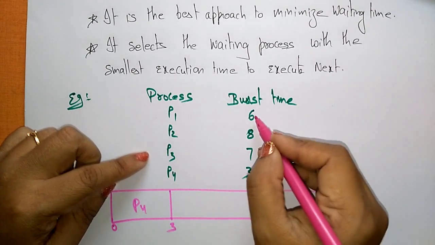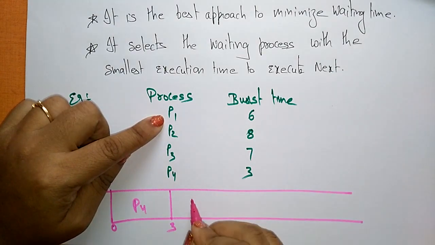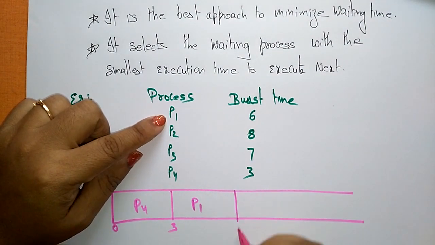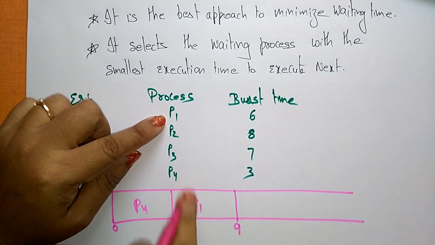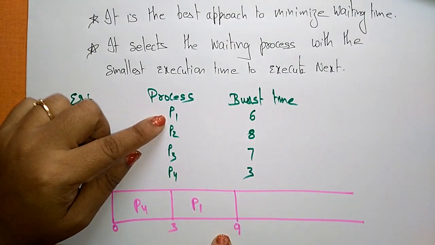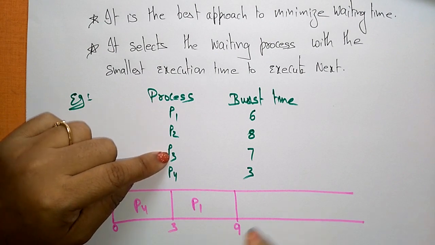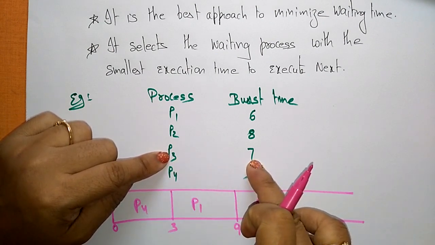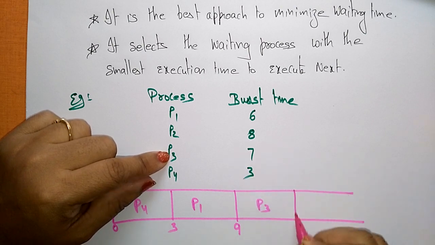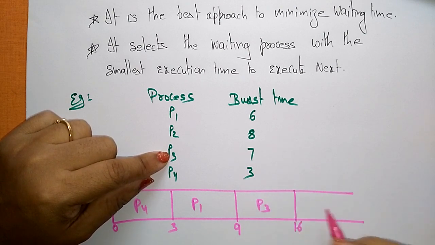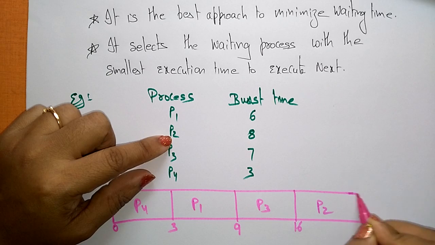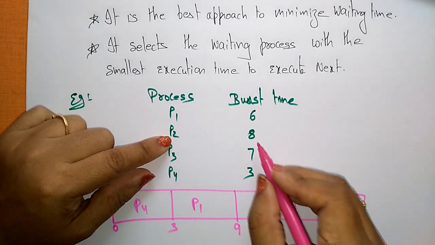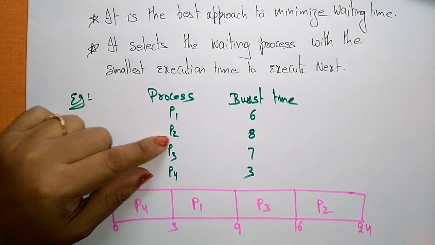Next it executes P1, so 3 plus 6 is 9. Next, P3, whose burst time is 7, so 9 plus 7 gives 16. And the last is P2, so 16 plus 8 gives 24.